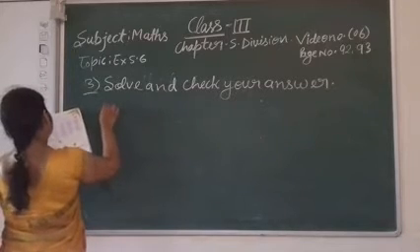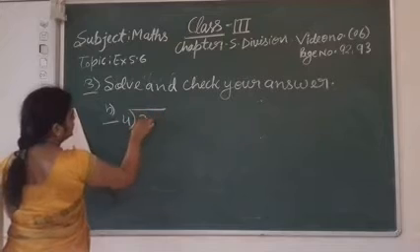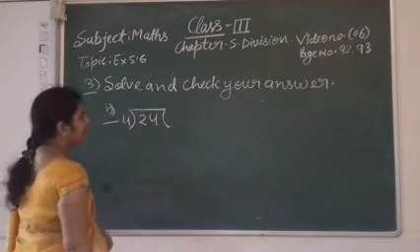A part is done. B part is 24 divided by 4.